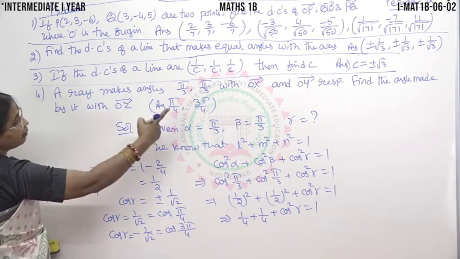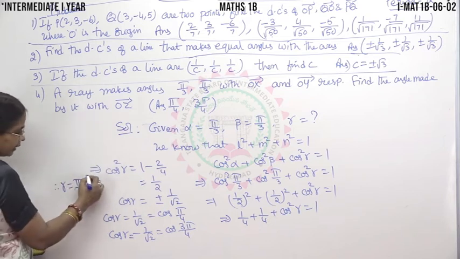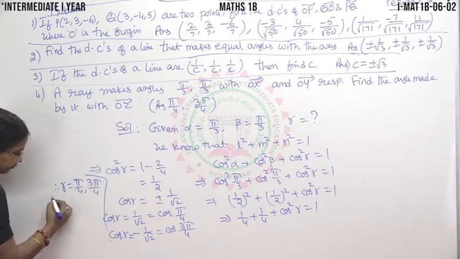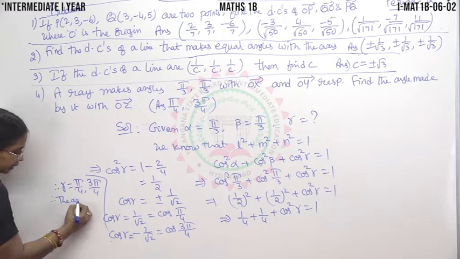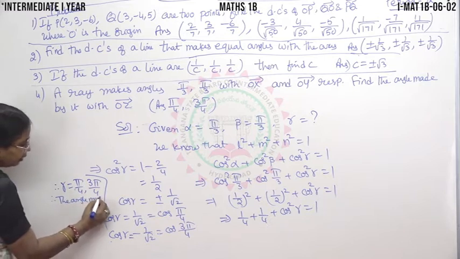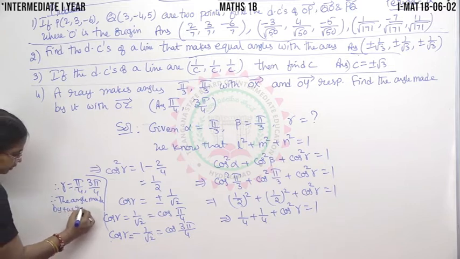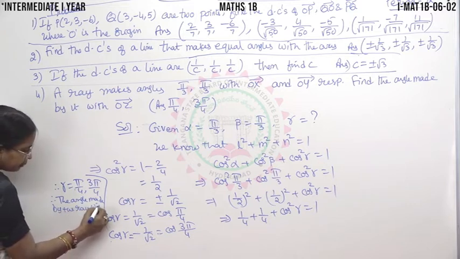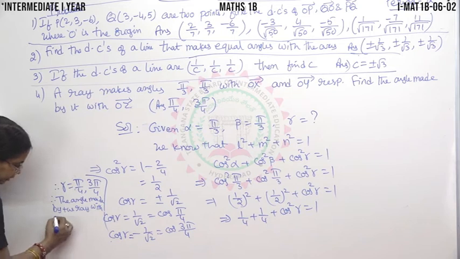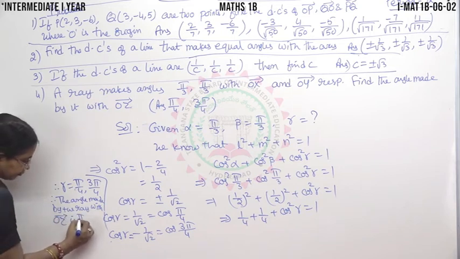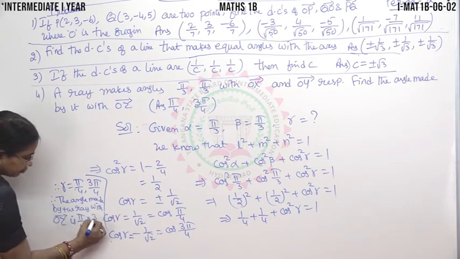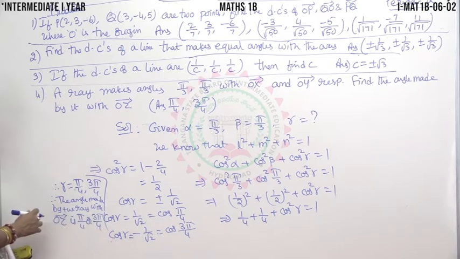So the angle made by the ray with OZ is pi by 4 or 3 pi by 4.